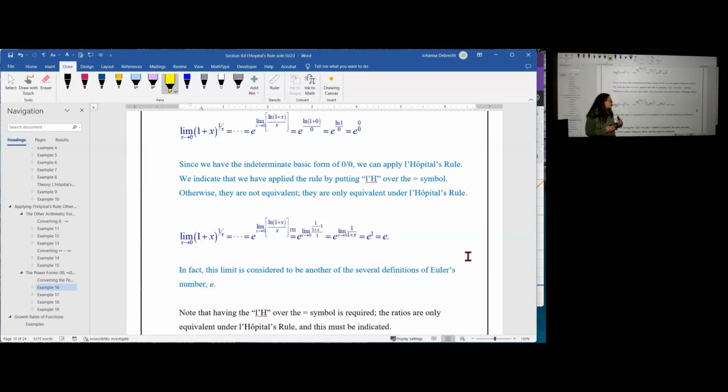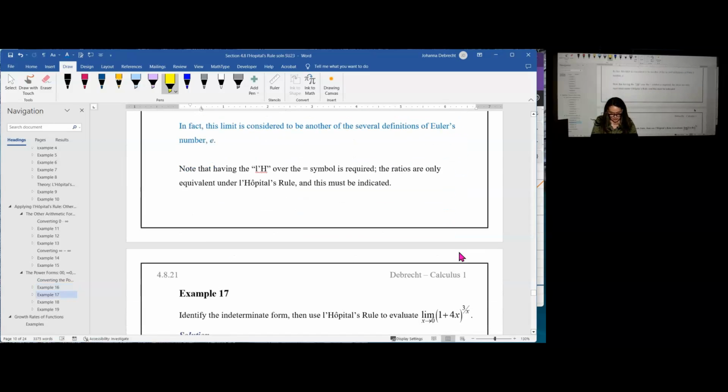This means that in the function, as x is approaching 0, the y value is approaching Euler's number e. In fact, this form is considered to be another one of the definitions for Euler's number e.